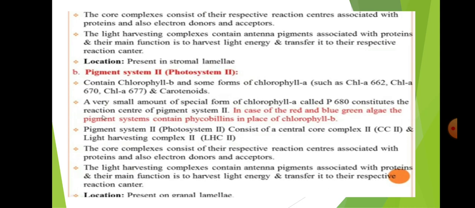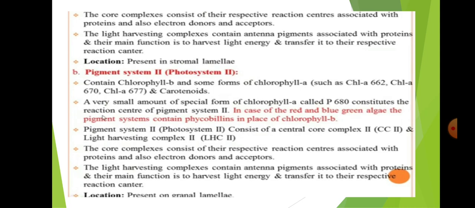In the case of red and blue-green algae, the pigment system contains phycobilins in place of chlorophyll B. Pigment system 2 consists of a core complex 2, like photosystem 1, which contains core complex 1. Photosystem 2 contains core complex 2 and the light harvesting complex 2.